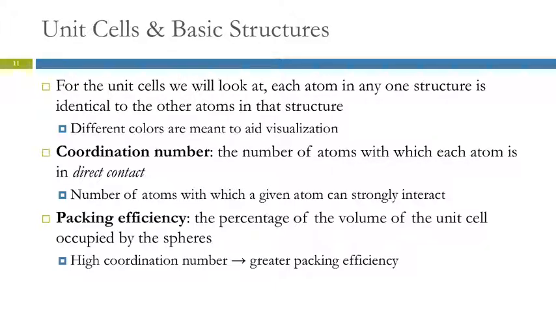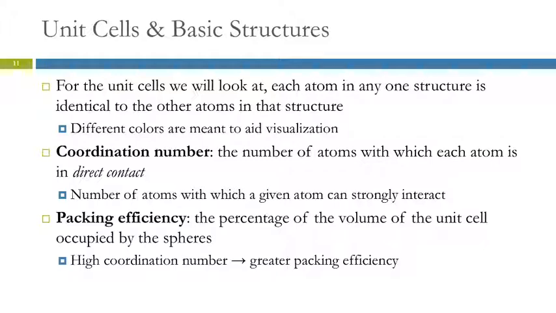So if an atom is in contact with a lot of different atoms, it's going to have a lowered energy because it has all these interactions, compared to if it was only interacting with 2 or 3 atoms, then it would have higher energy. So coordination number gives us an indication of what's going on in this unit cell.